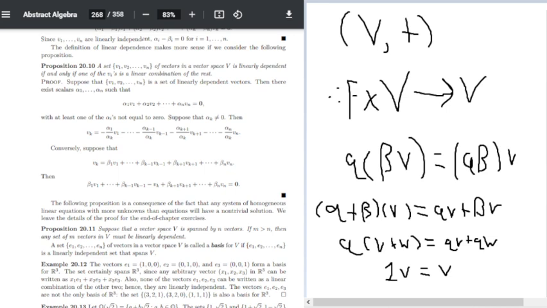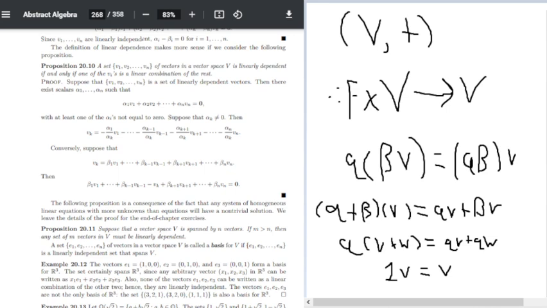Alright, proof. Suppose that v1, v2, all the way to vn is a set of linearly dependent vectors. Then there exist scalars alpha1, alpha2, all the way to alpha n, such that alpha1 v1 plus alpha2 v2 plus on and on to plus alpha n vn is equal to the 0 vector, with at least one of the alpha i's not equal to 0. Suppose that alpha k is not equal to 0.